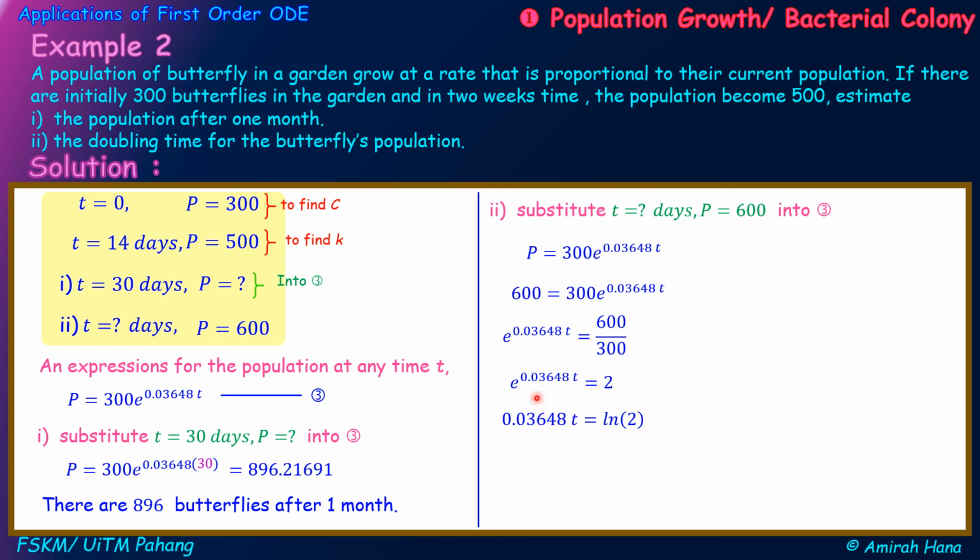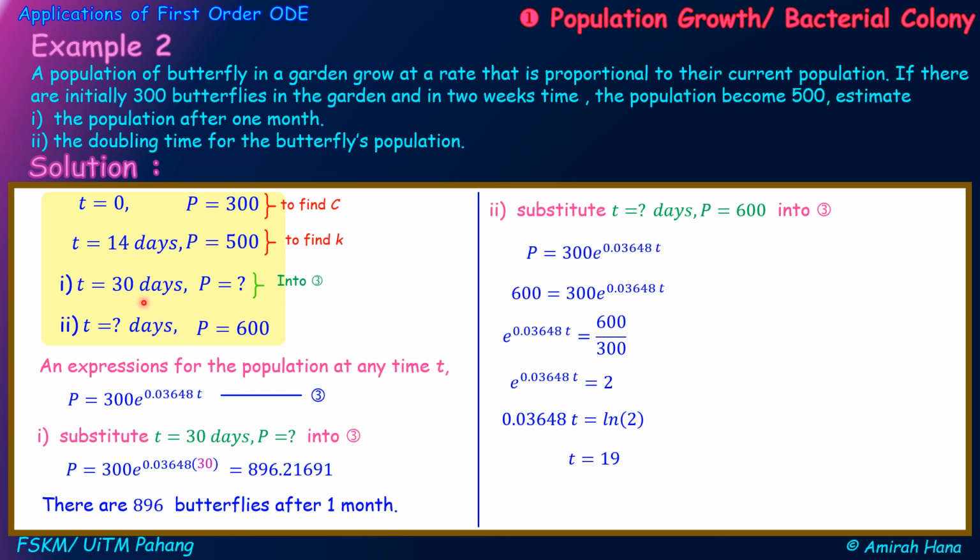Then, to find t, we need to move e to the right hand side, so we get ln here. So on the left hand side we have 0.03648t equals ln 2. Then using a calculator, t equals ln 2 over 0.03648, which equals 19.